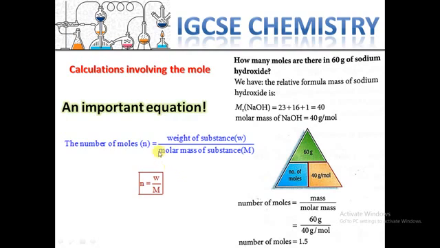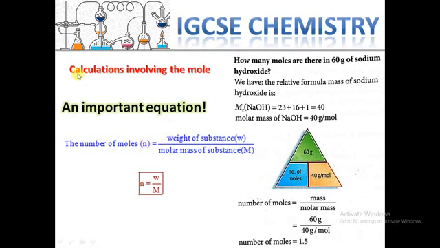And this equation is very important. Try to memorize and keep in your mind. N equal W over M. So N is the number of moles.